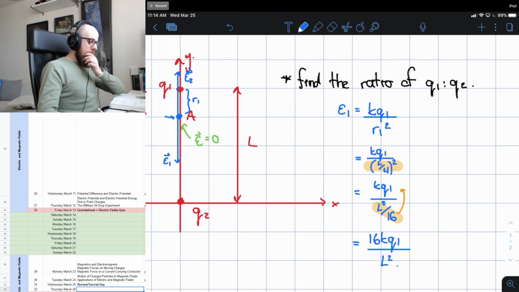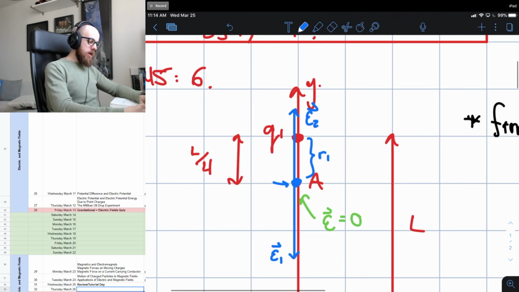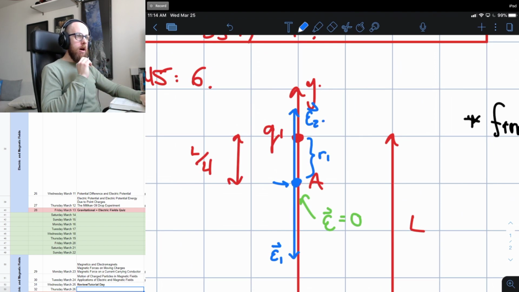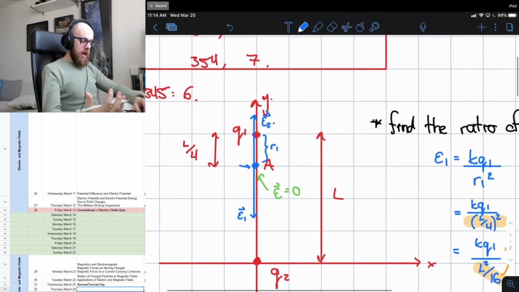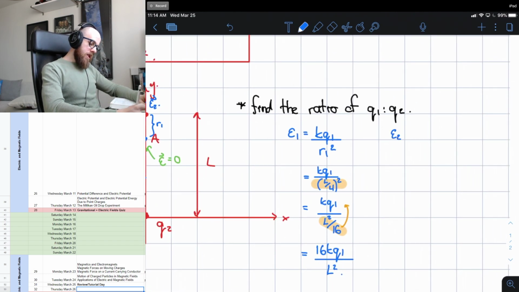Now let's do the exact same operation and develop a formula for E2, our electric field due to the second point charge. The setup is the exact same, so E2 is equal to K Q2 over R2 squared.